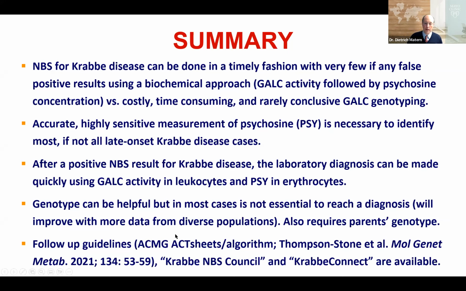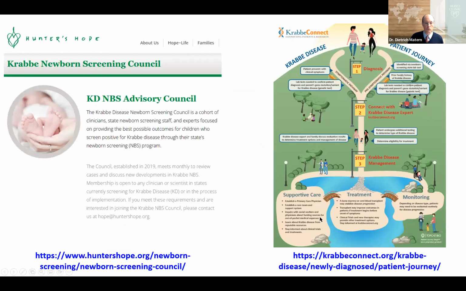There are the follow-up guidelines from ACMG that I showed you. Dr. Stones published a paper as a lead author on the additional information guidelines on what to do when you have an abnormal newborn screen, especially for the later onset variants. And there's the council that was mentioned, and there's also Krabbe Connect.